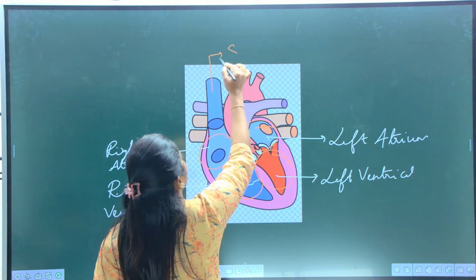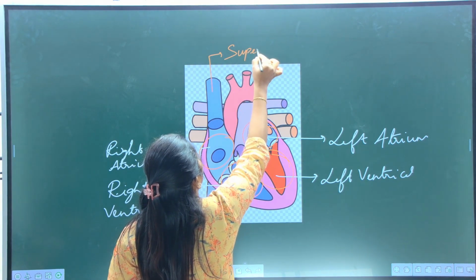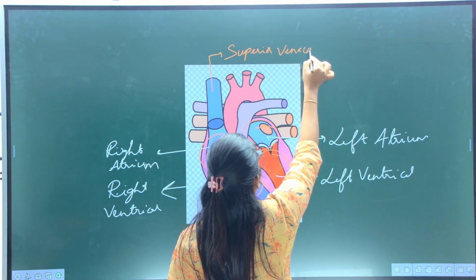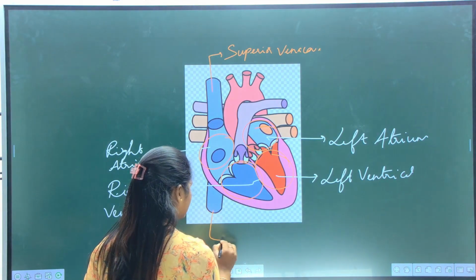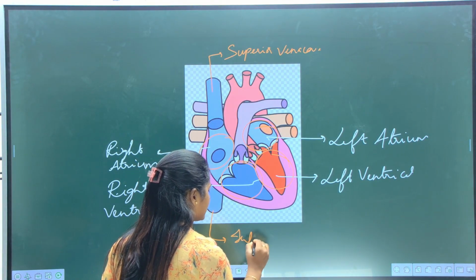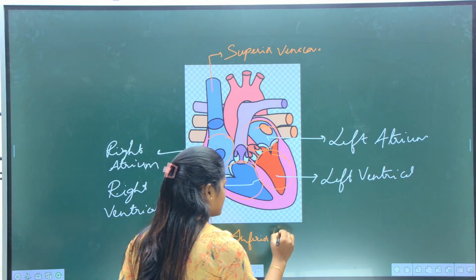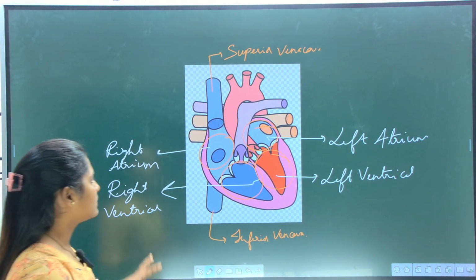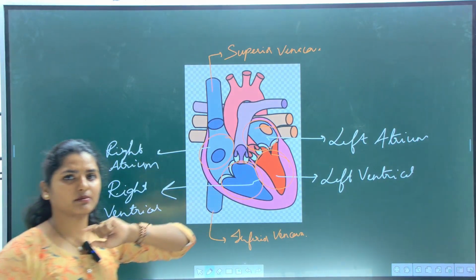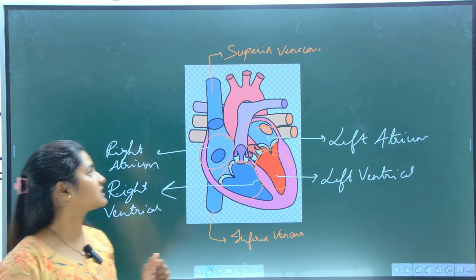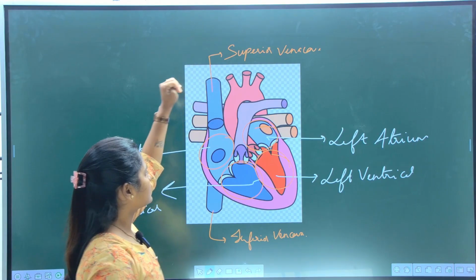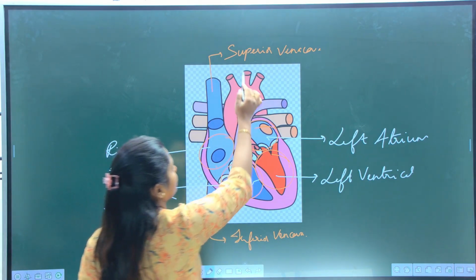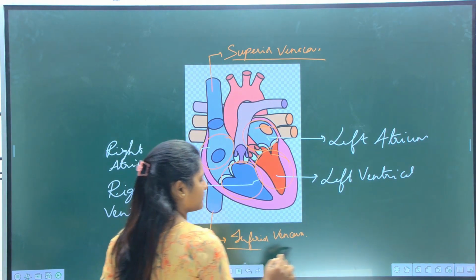And here this is the superior vena cava, and here the inferior vena cava. Deoxygenated blood from every part of the body is collected and transferred into the right atrium with the help of the superior vena cava and inferior vena cava.